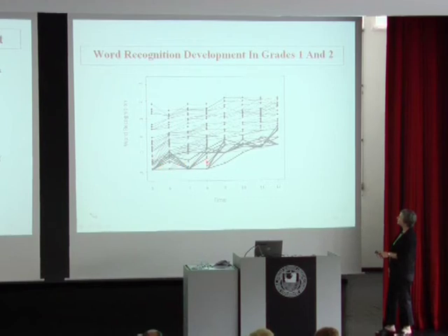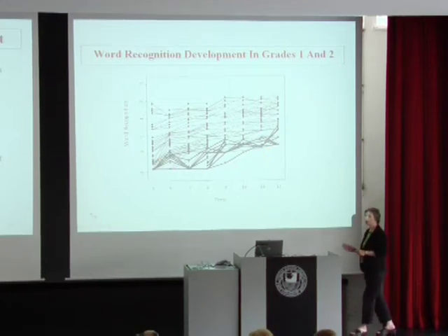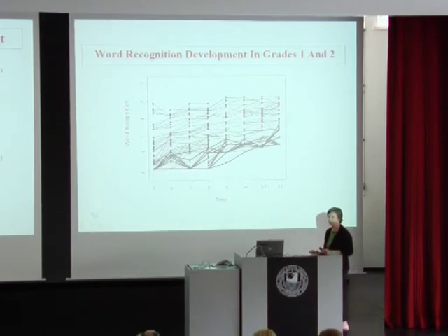And you can see that there are some children down at the bottom here, quite a lot, because the dark lines represent more students, and that are having not very good growth. So at the beginning of 1st grade, they were pretty low, and they're not developing anywhere near as much as students who came in higher or in the middle. So the goal is to identify these students, the students who are having problems, as soon as possible.